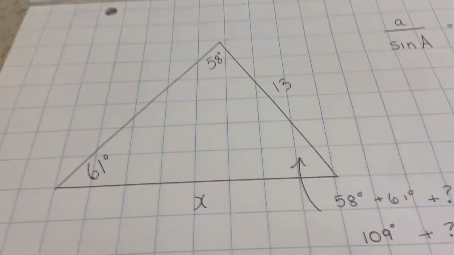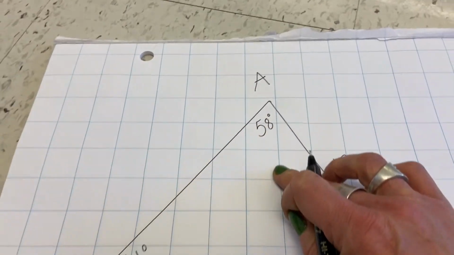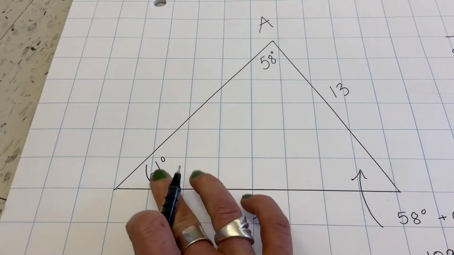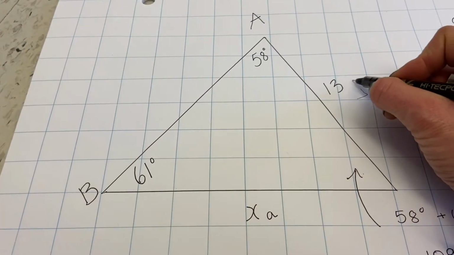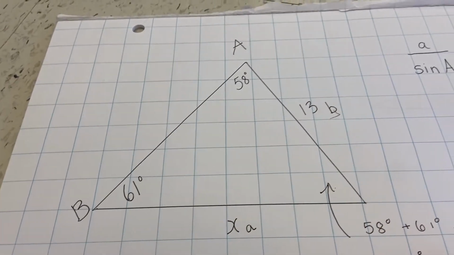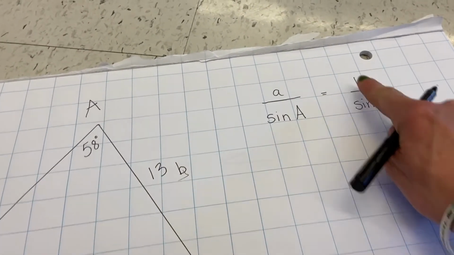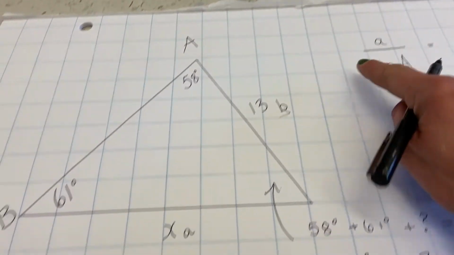So for example, if this right here is angle A, then this right here is little a. And if this right here is angle B, then this right here is little b. Our rule tells us that we want to put opposite things together. We want to start with the side. So let's start with side A.